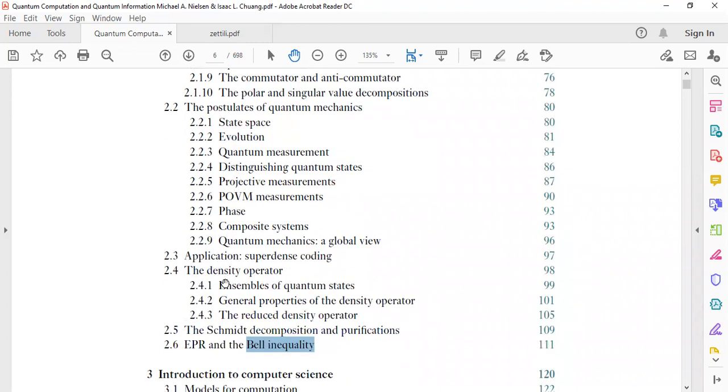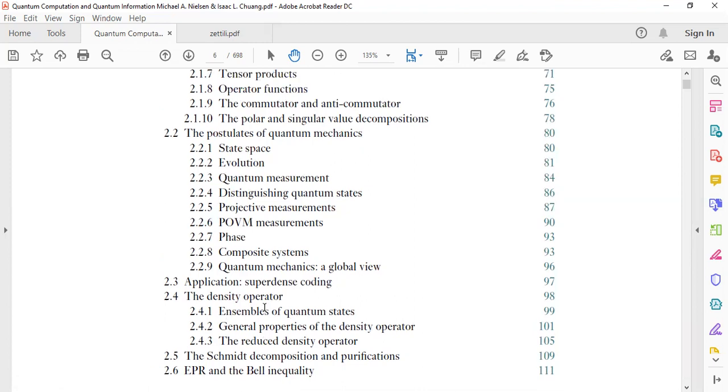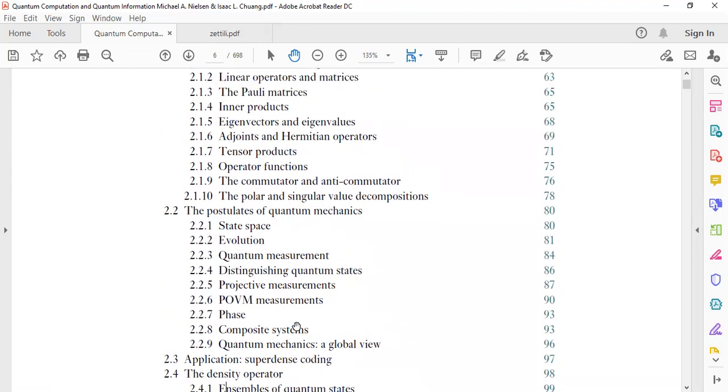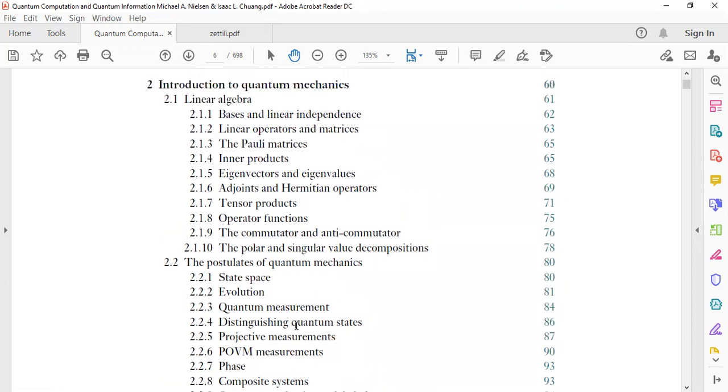And then all this basic introduction to the field of quantum computation and quantum information, like density operator formalism, this EPR and Bell inequality, all these things are very important, and it takes time. So even if we sit twice a week, and if we spend 2 months in this particular chapter, I think it's worth spending. That's what I wanted to say.